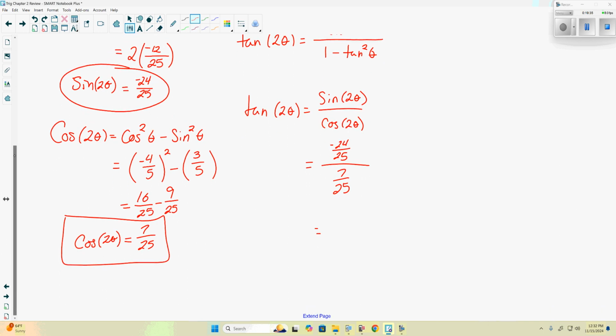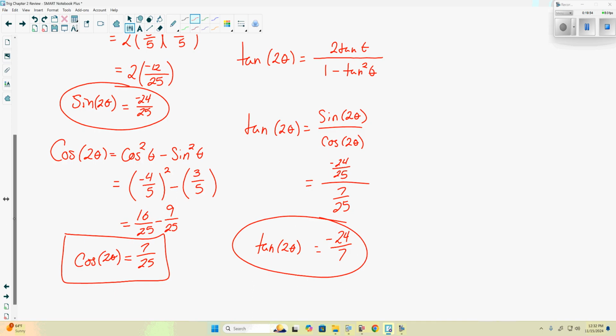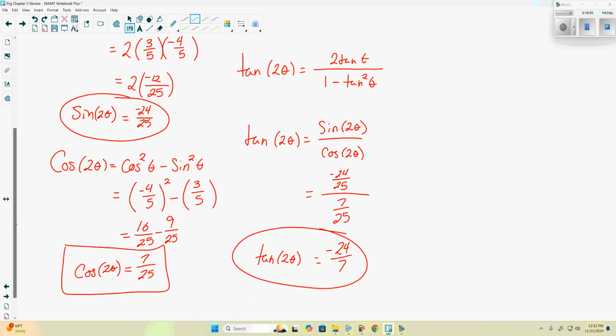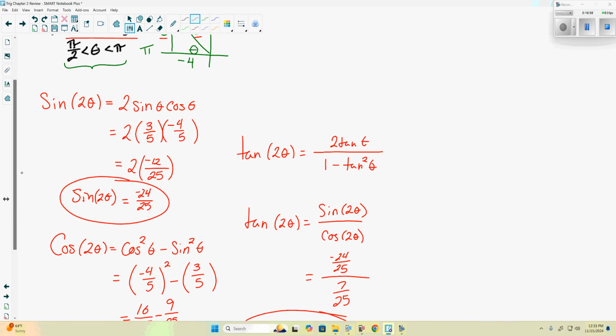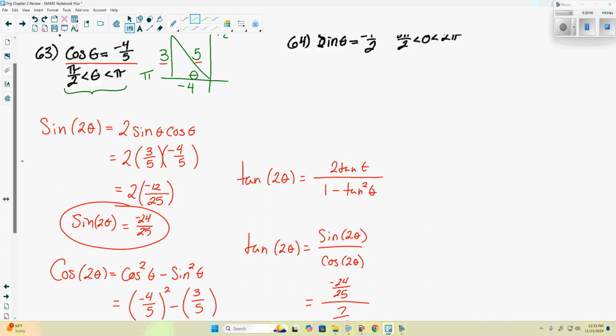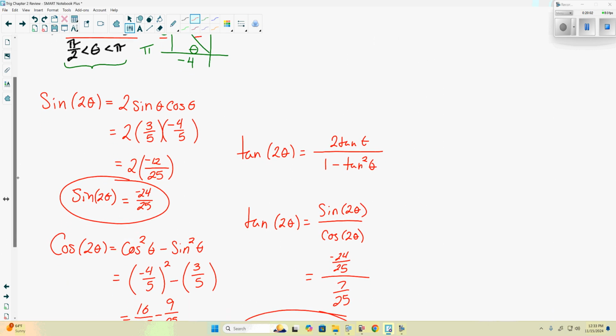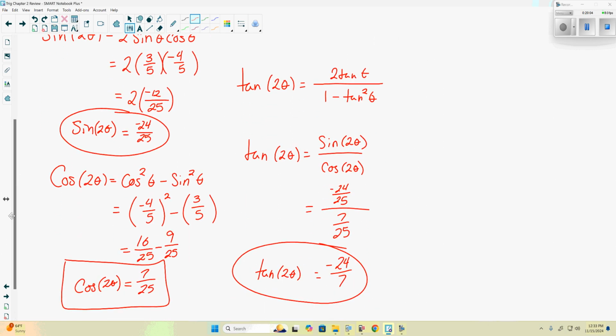And at this point, we just need to type this in, which will tell us that tangent of 2 theta is negative 24/7. Tangent's going to be 3 over negative 4.